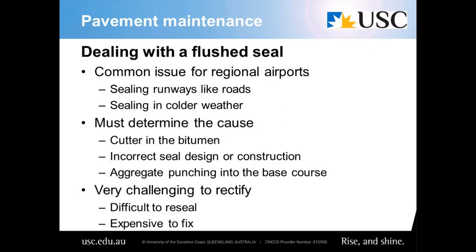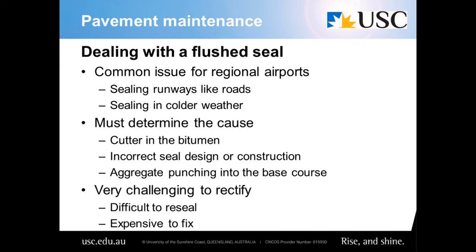I said we'd revisit dealing with a flushed seal. Flushing of their seals is probably one of the biggest issues regional airports will have to consider. Usually related back to sealing runways like their roads or sealing in the colder weather and the use of cutters to allow that to occur.